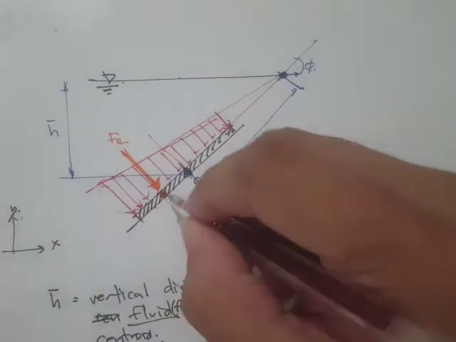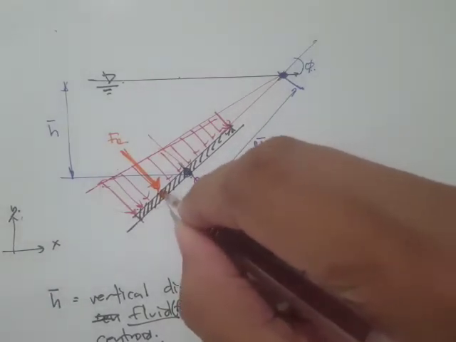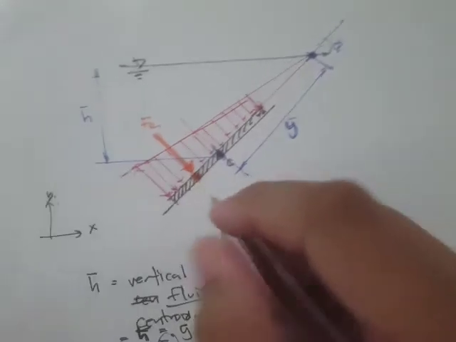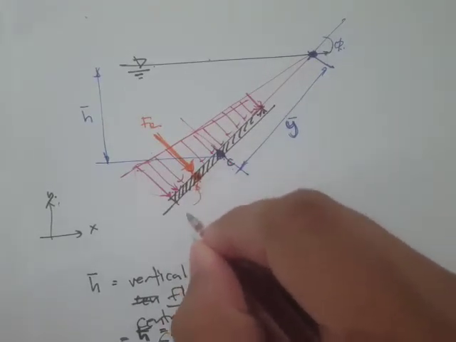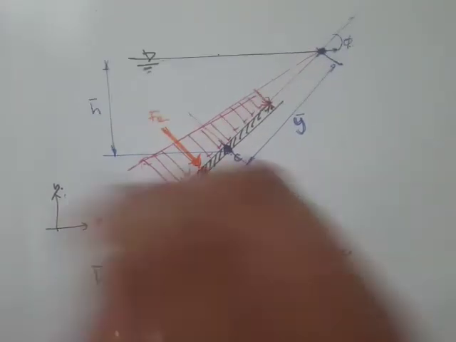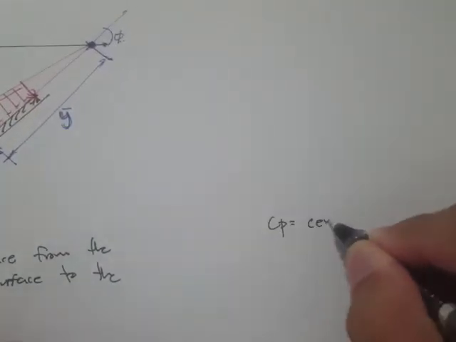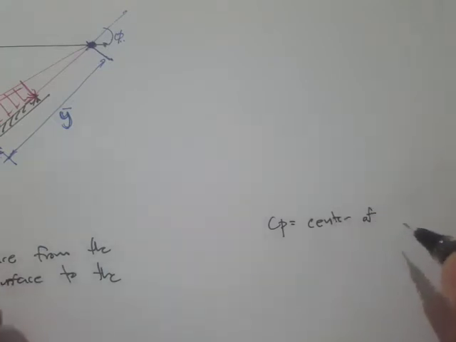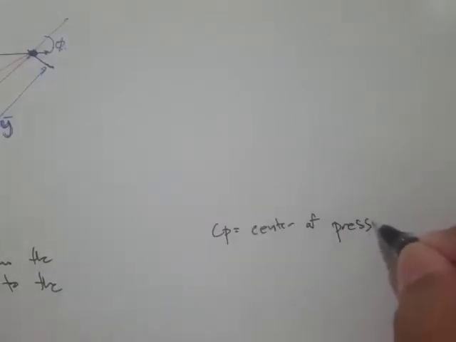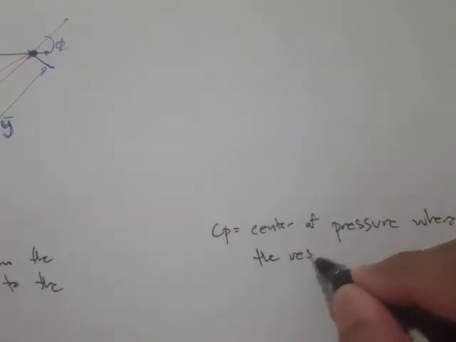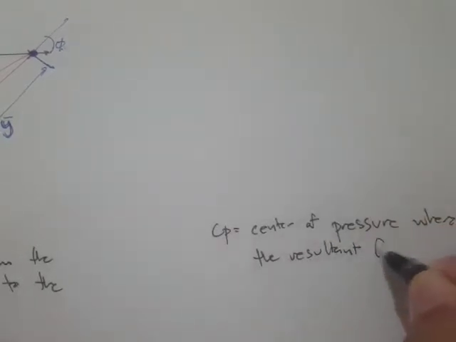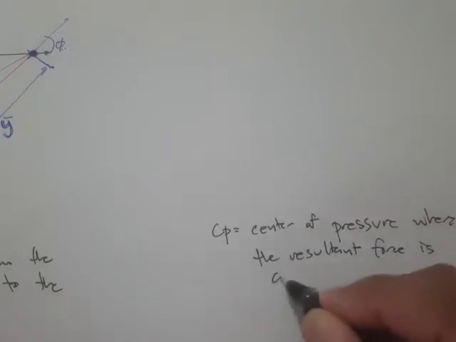So this point is referred to as the center of pressure. CP is simply the center of pressure where the resultant force is acting.